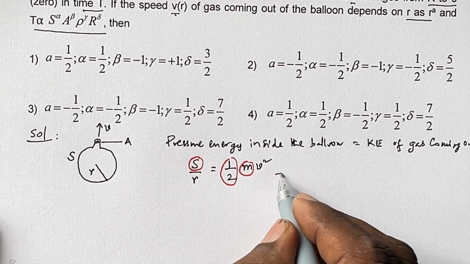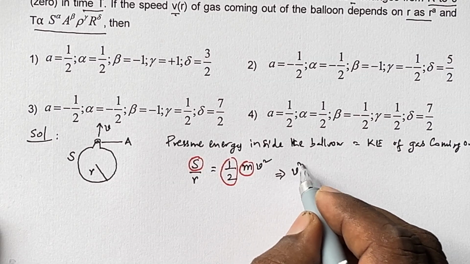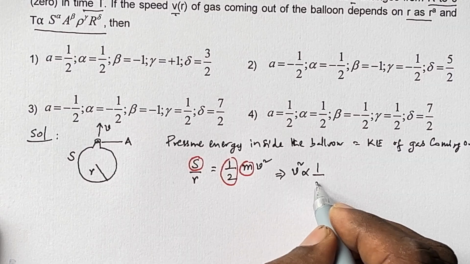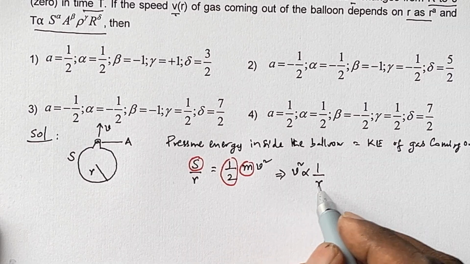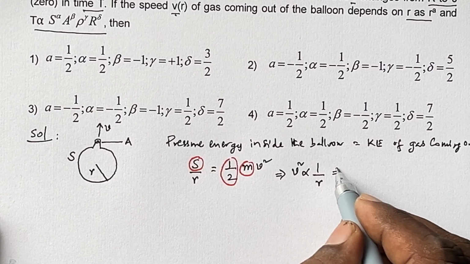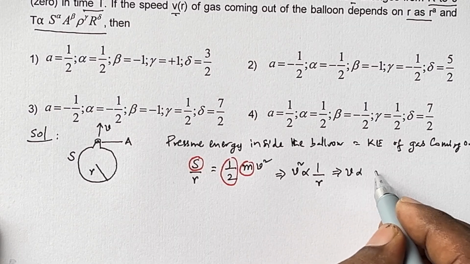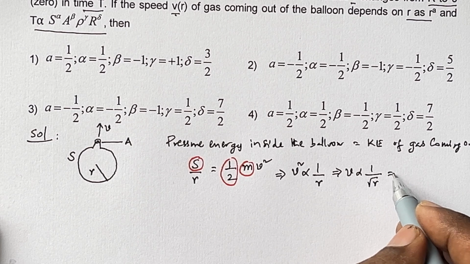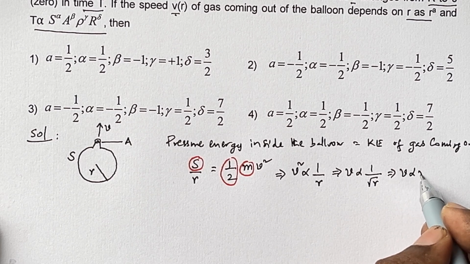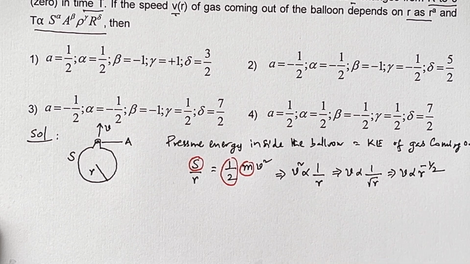So what are we left with? V square proportional to 1 by R. These are all constants. So then V proportional to 1 by root R. That means V proportional to R power minus half.